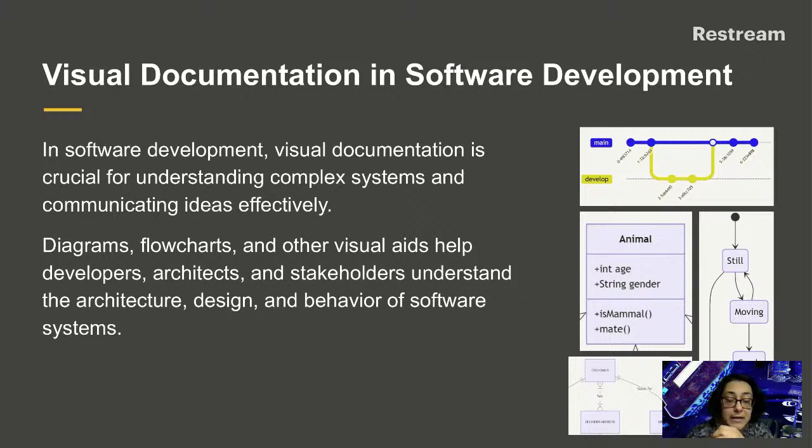So things such as diagrams, flowcharts, decision trees, UMLs, so boxes such as the one here in the middle that demonstrate, for example, a class, and ERDs, entity relationship diagrams, which are our ways of representing the relationships inside a database.